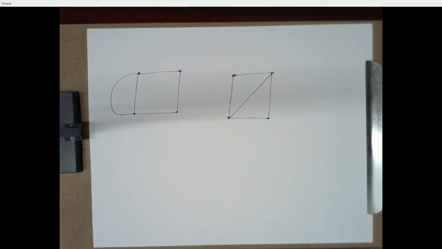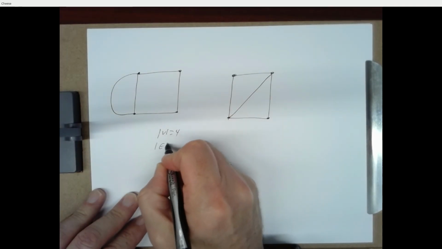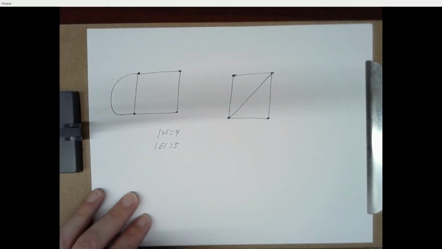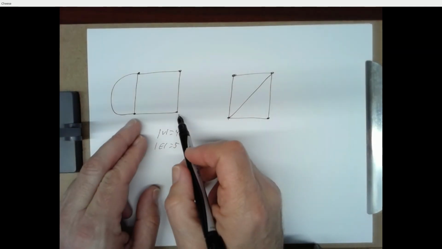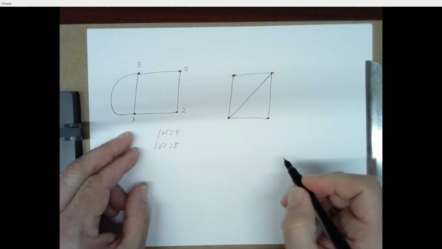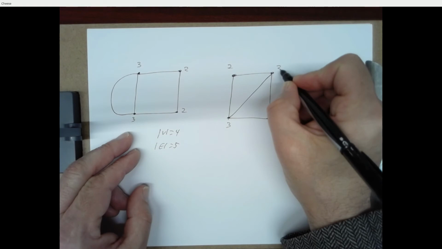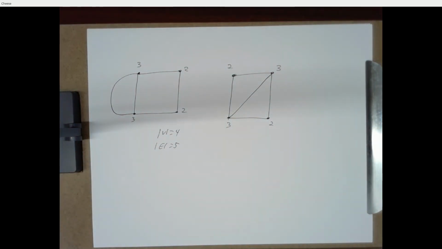So 4 vertices, 5 edges, and the degrees of the vertices over here are 2, 2, 3, and 3. The degrees of the vertices over here are 2, 2, 3, and 3. Those invariants match up, but these are not isomorphic graphs.